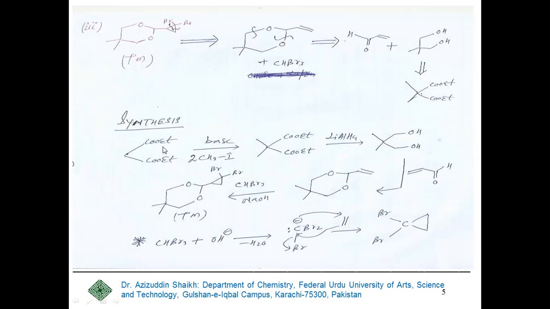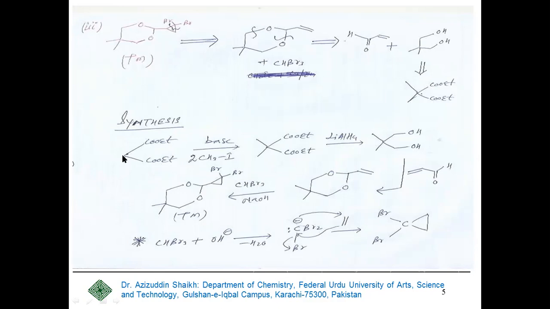This is the synthesis. The diester in presence of base and methyl iodide, because this alpha hydrogen is acidic in presence of base, an anion will be obtained.